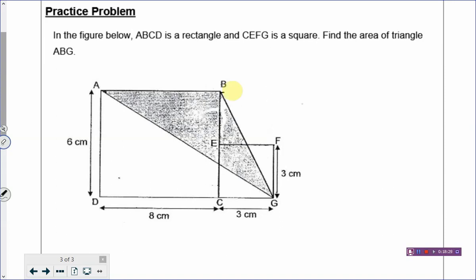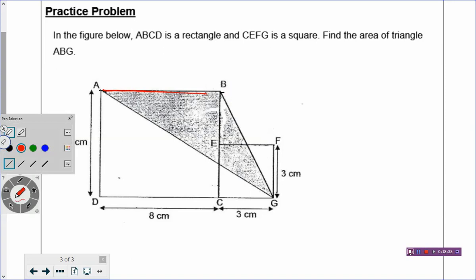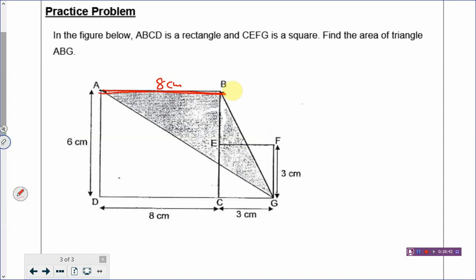Well, that one step is to recognize where's the base of this shaded triangle. So the base is here, and the base is 8 cm. And then where's the height of this triangle? Now for the height, you can extend the base a little bit longer, and the height is from the tip of the triangle joining the base, and the height is 6 cm.